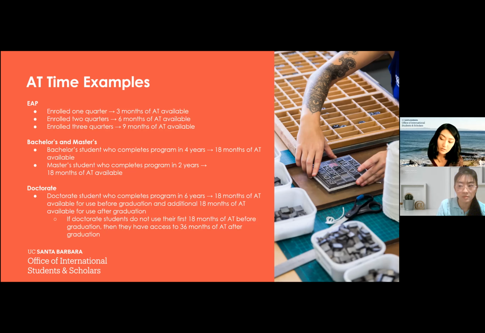If you do not use all 18 months before graduation, then you can use all 36 after graduation. Similarly, let's say you're a doctorate student and you only do 6 months of academic training before you graduate. Now, once you've graduated, you have access to 30 months, because 30 plus 6 is 36.